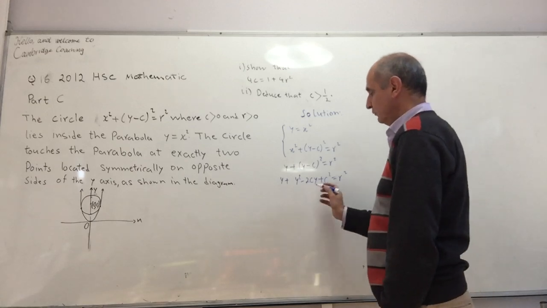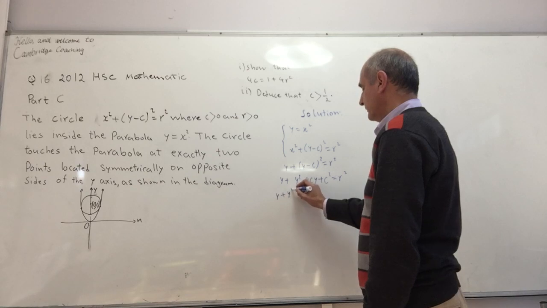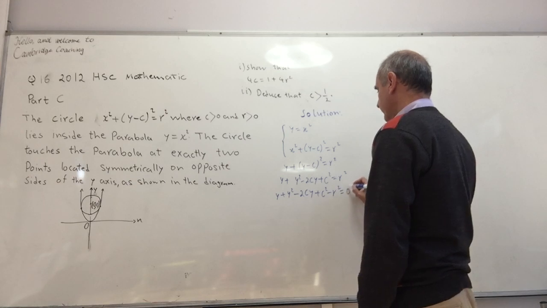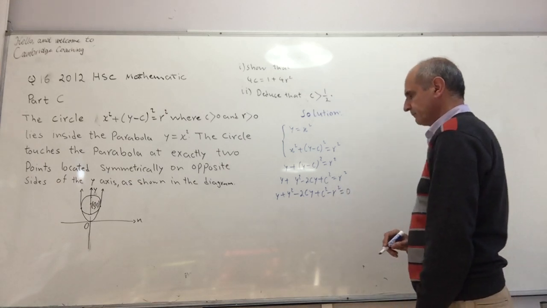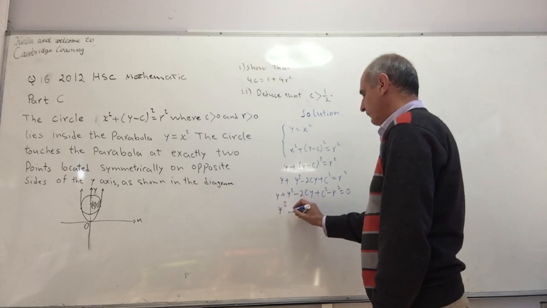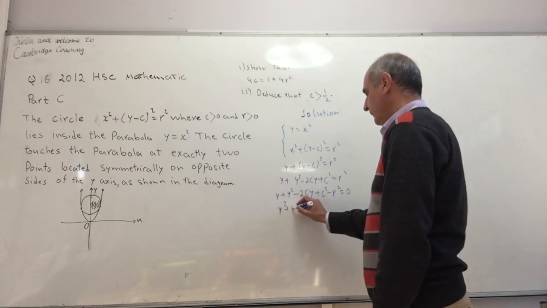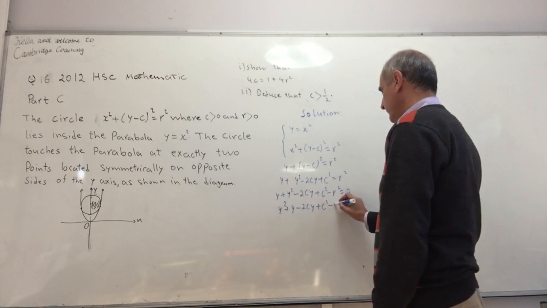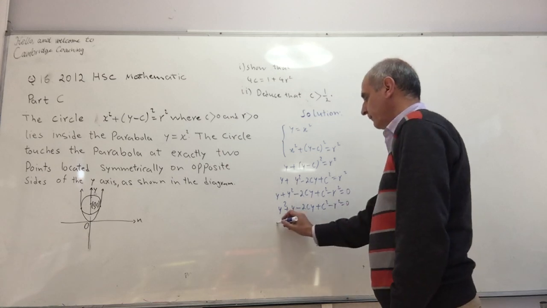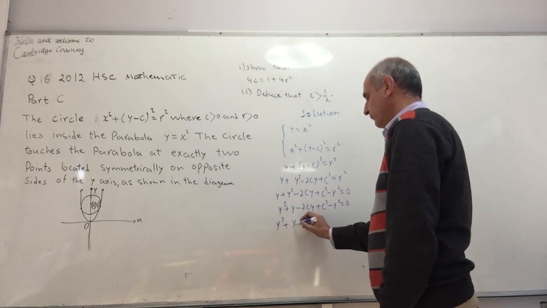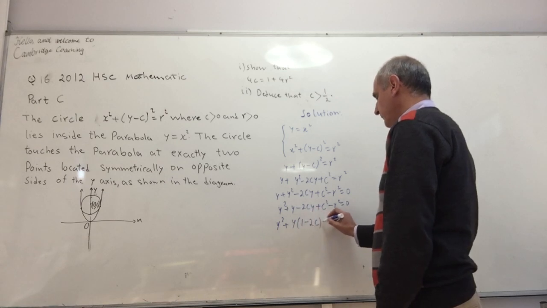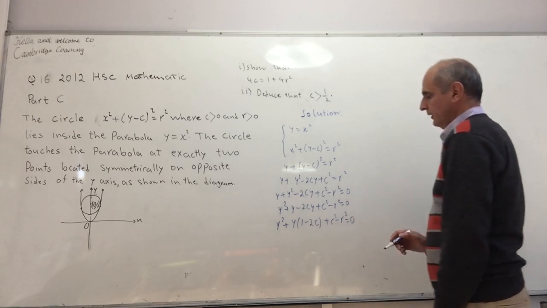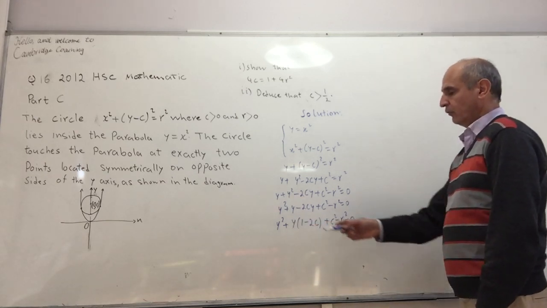Taking everything to one side and arranging in the order of powers of y, you get y squared plus (1 minus 2c)y plus c squared minus r squared equals 0. Now we have a quadratic equation for y.